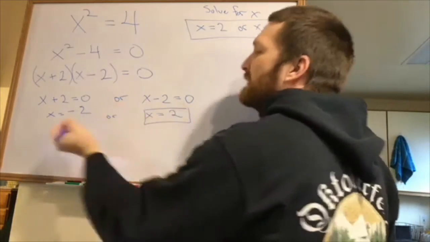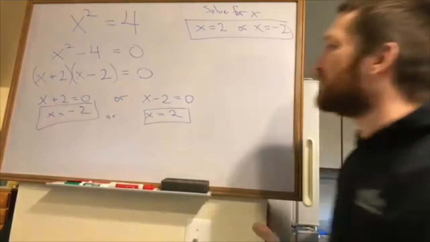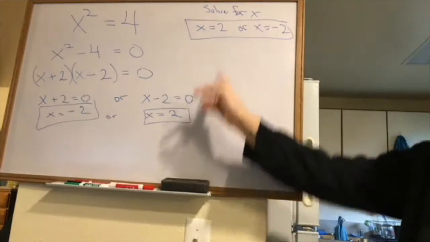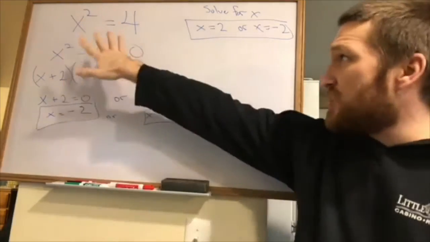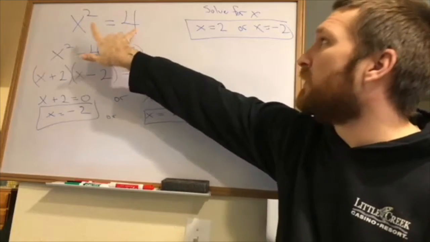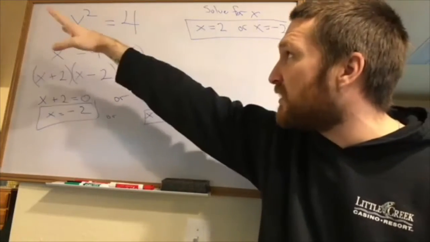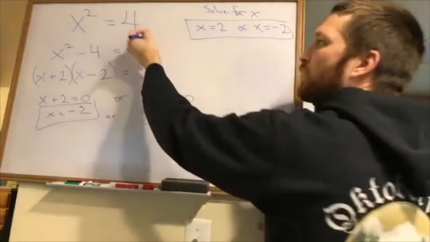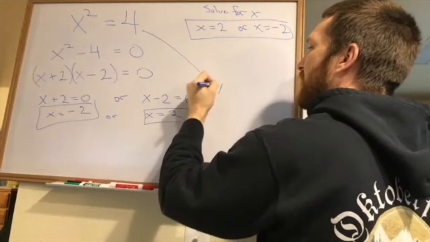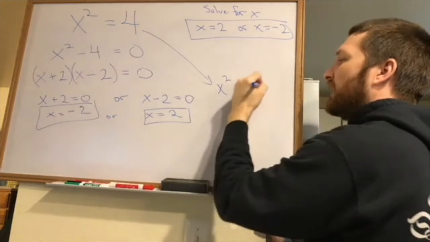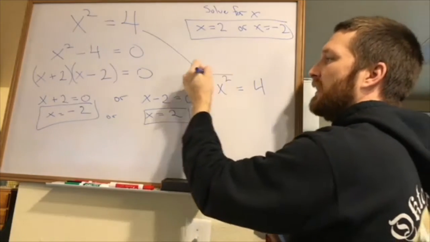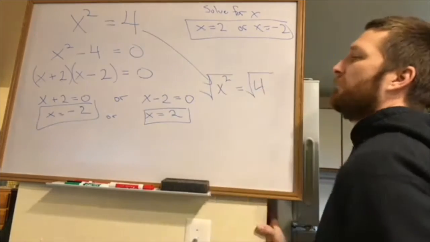Now we can see, finally linking this all back together, that this is all consistent. If you happen to have something easy where you can get all the x's on one side, you could undo the squared by taking a square root of both sides.